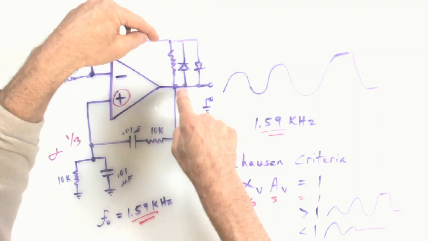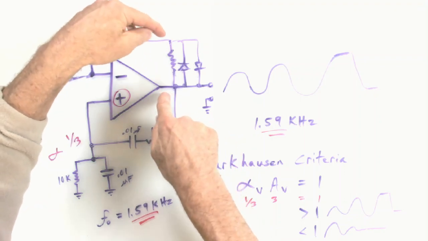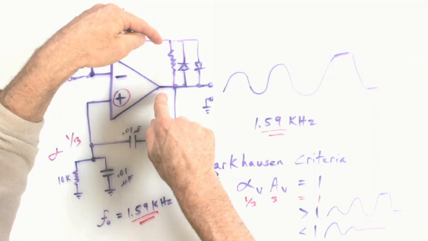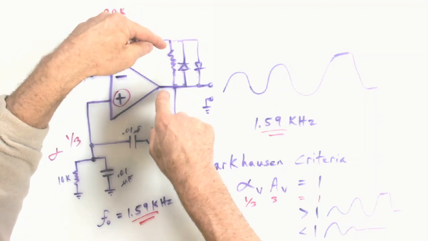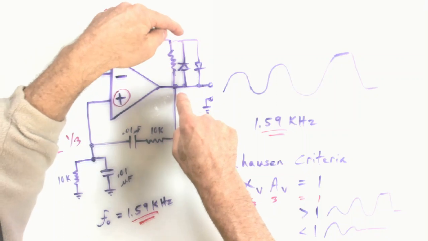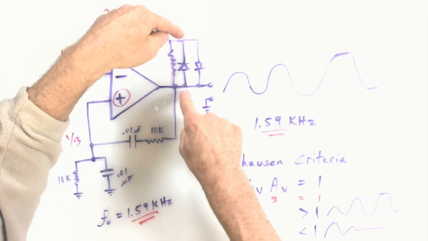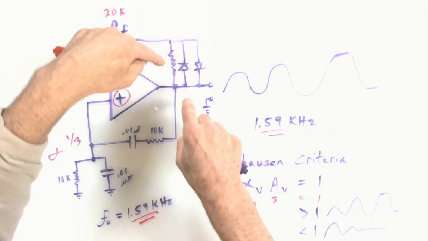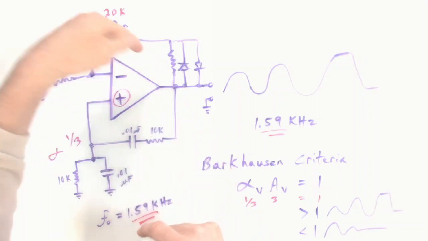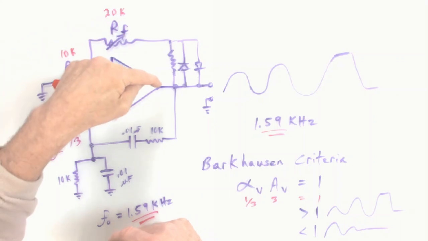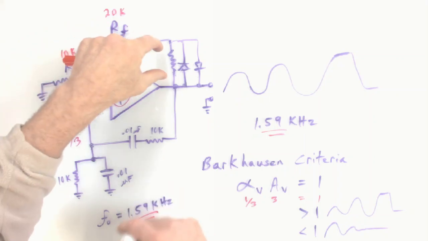But if the positive peak would try to grow too high, eventually it can't go higher because the positive voltage across this resistor would be growing and be limited to, as soon as the diode starts to be biased on, it shorts out the resistor, and so that will bring gain back down. So as the output would try to grow too high, it self-regulates.